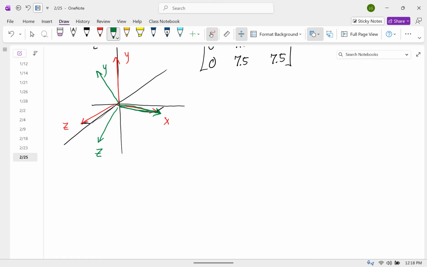Any questions about that? So I just took the red coordinate system and rotated it 45 degrees positive about the x-axis.